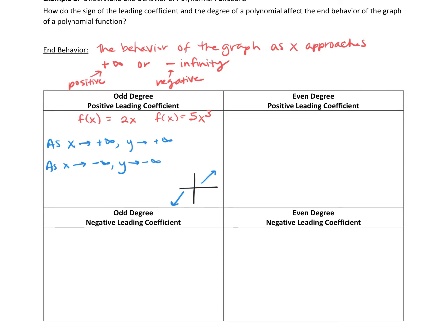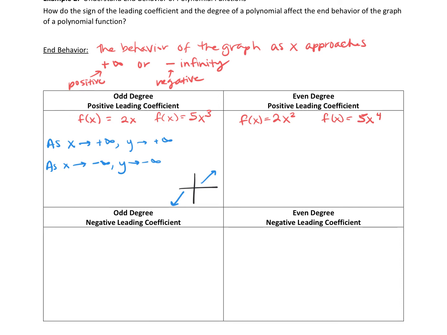All right, so let's run through the rest of these. If your degree is even and you have a positive leading coefficient, so f of x equals 2x squared. Here is an even degree, positive leading coefficient. F of x equals, I'm just going to keep with the 5x to the fourth power.